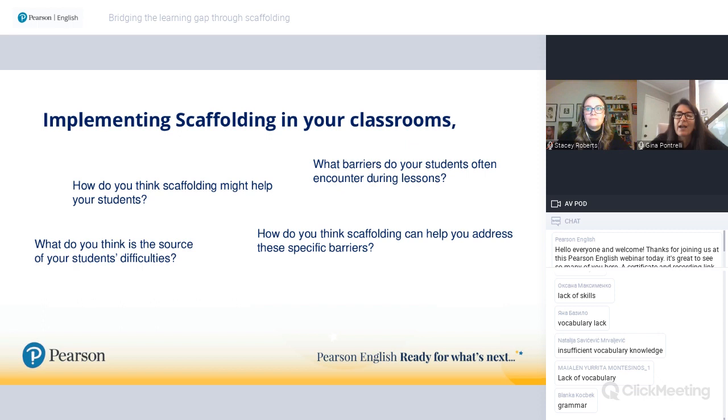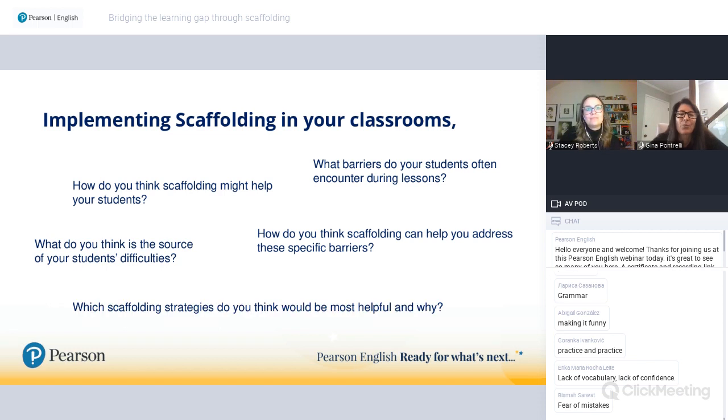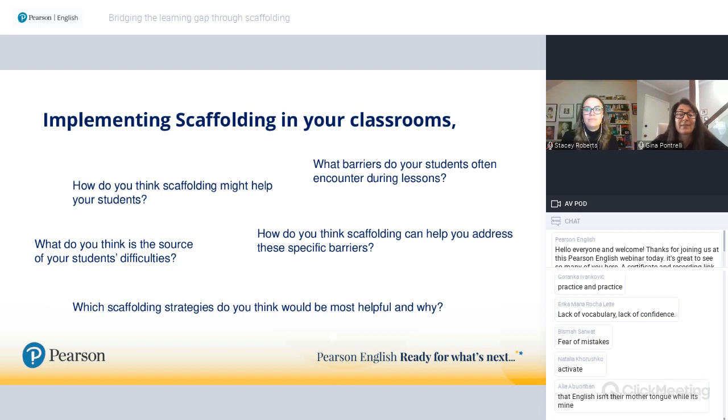How do you think scaffolding can help you address these specific barriers? I realize these are really big questions, so hopefully you are jotting down some notes. Which scaffolding strategies do you think would be most helpful and why?